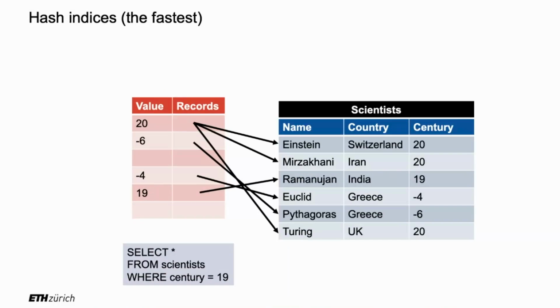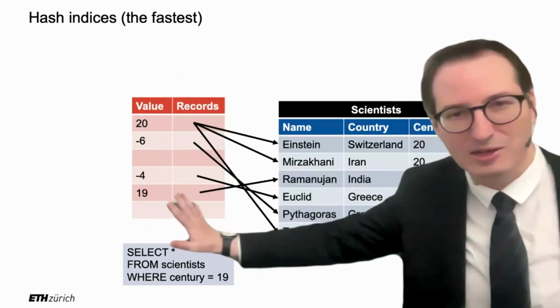And then I gave you at the end of last week this magic scheme that is able to return in a constant amount of time, whatever the size of the data, the tuples that satisfy a specific equality predicate. The trick is that we have this extra structure.